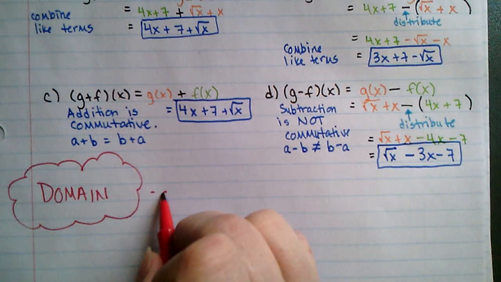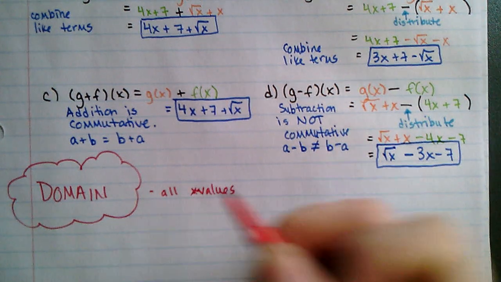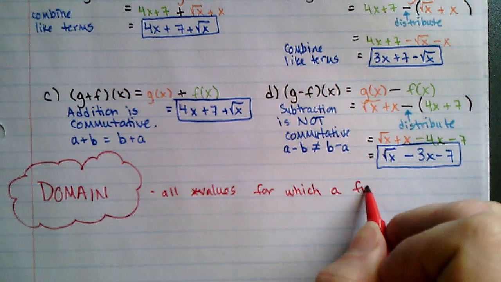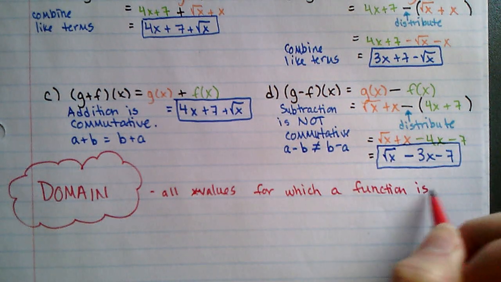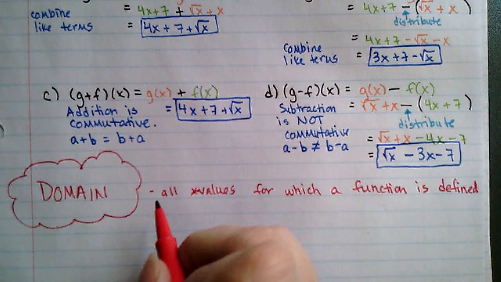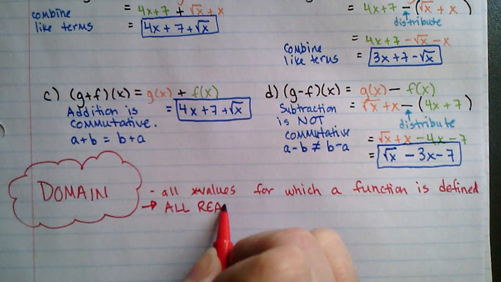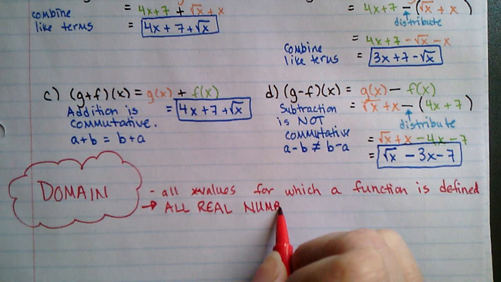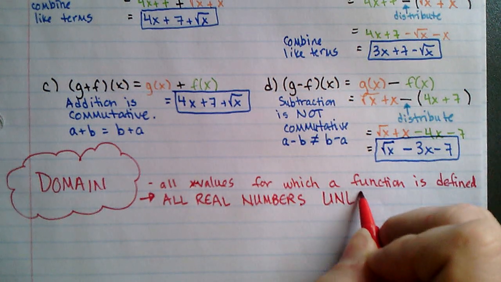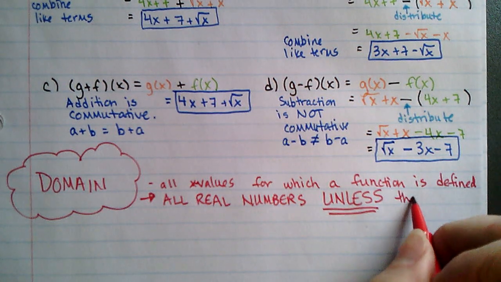So domain is all x values, I should have a dash in there, all x values for which a function is defined. Here's the thing about domain. The domain is going to be all real numbers for most functions, but it's all real numbers unless there are restrictions.